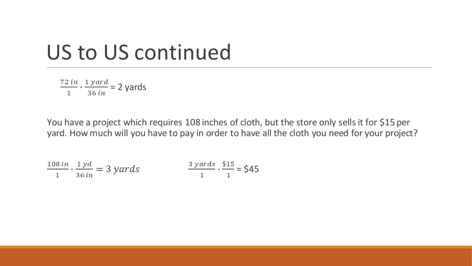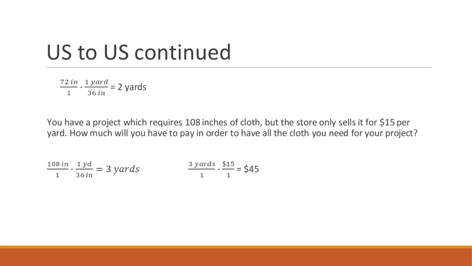So if I have 72 inches and I want to figure out how many yards that is, I'm going to need to use a yard to inch conversion factor, right? If I look back at my conversion factor sheet, I can see that 1 yard is equal to 3 feet, or I'm going to go ahead and make 3 feet 36 inches, because 12 times 3 is 36.